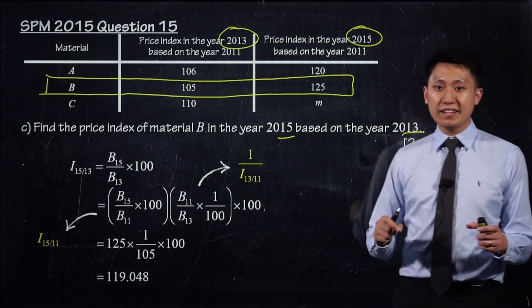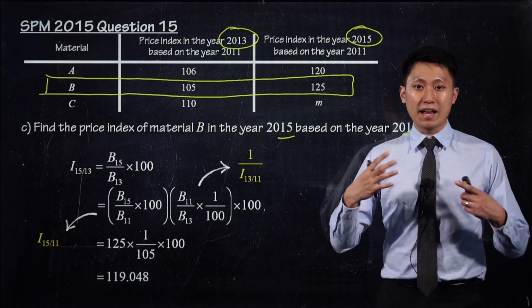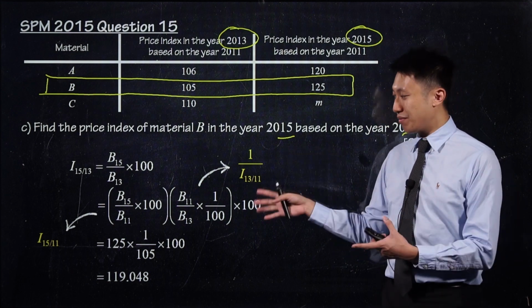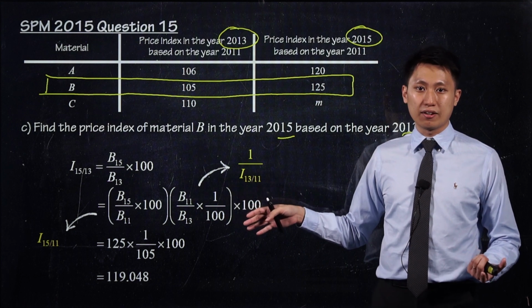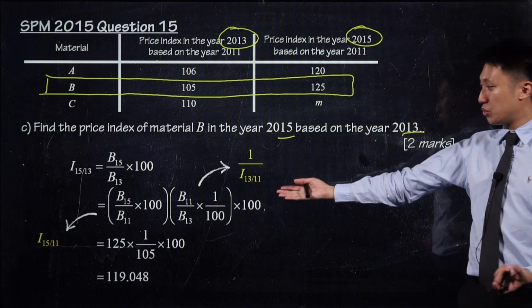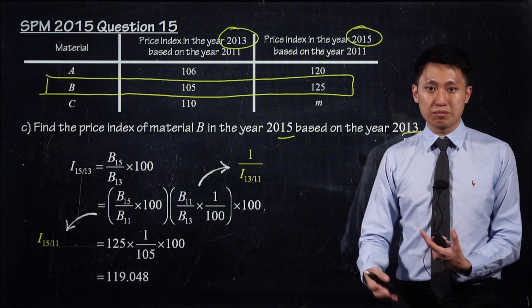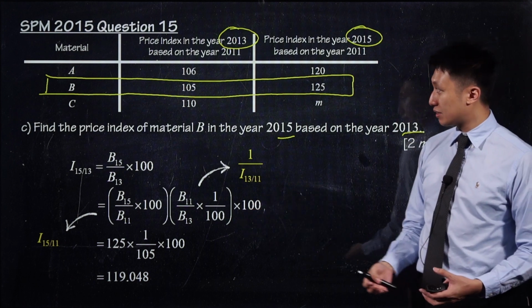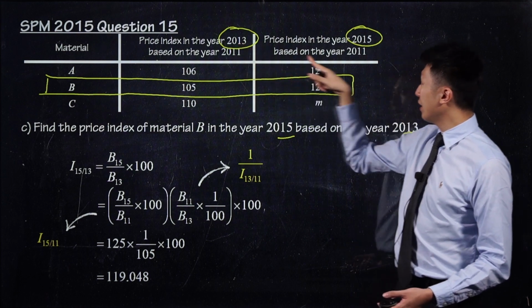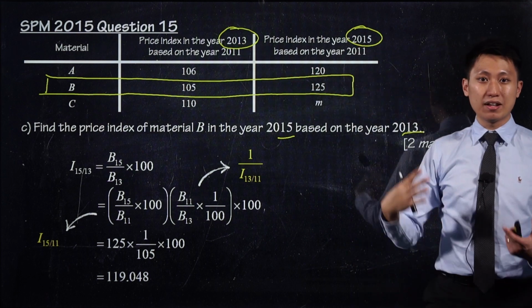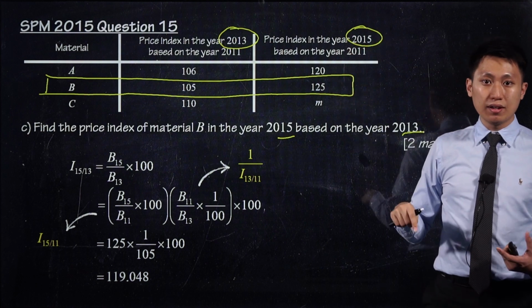So you see the pattern here. In every question in every year, it's showing you something like this. This is the hardest that you can get. So you just have to remember the question type. Sometimes it's using the same base year. Sometimes like I1113 and I1315, then you try to find I1115.